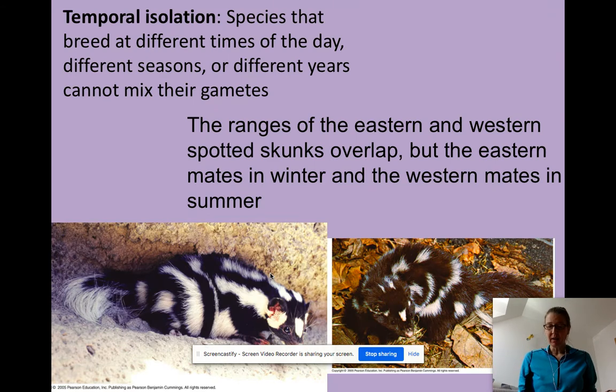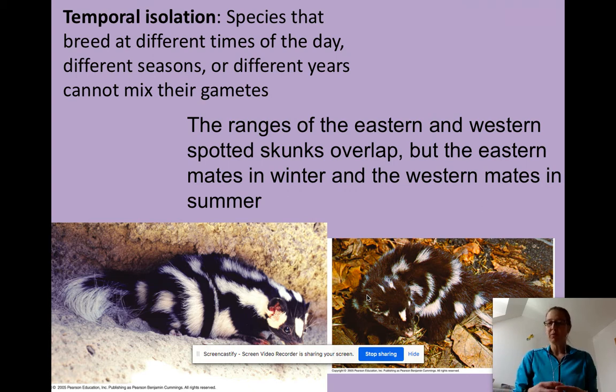Okay, temporal isolation. This is isolation that can happen if major events, especially breeding seasons, happen at different times for certain populations. This is the eastern and western spotted skunks. The eastern spotted skunk mates in the wintertime and the western mates in the summer.